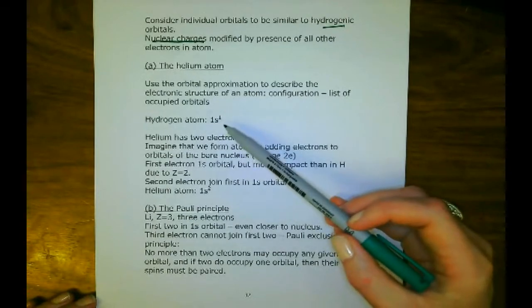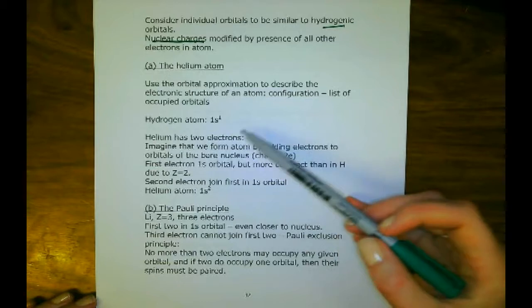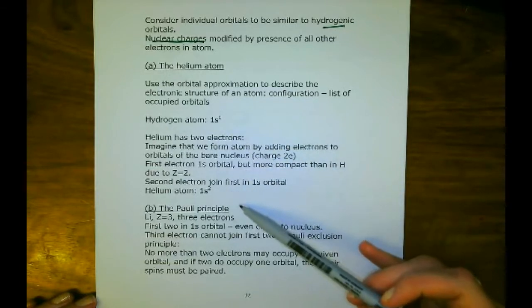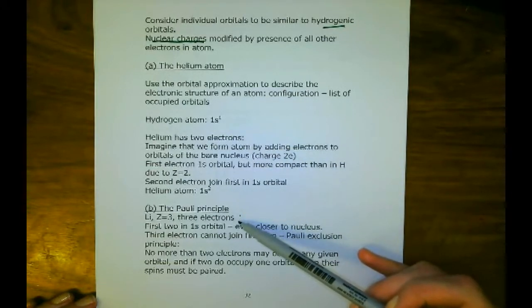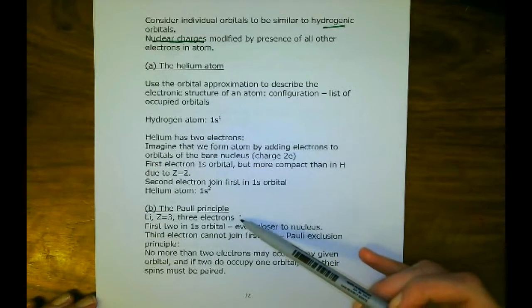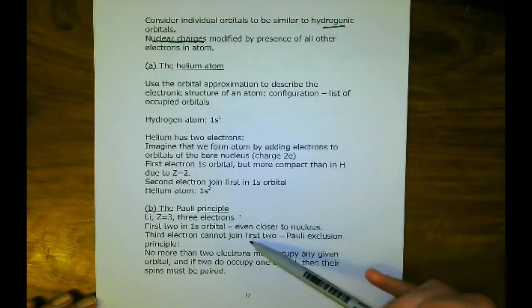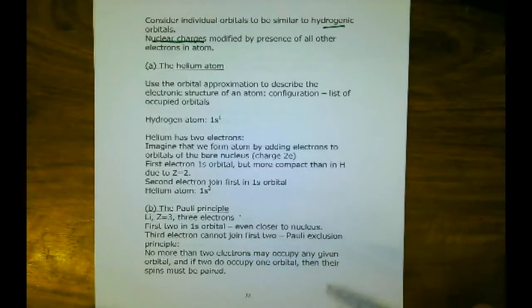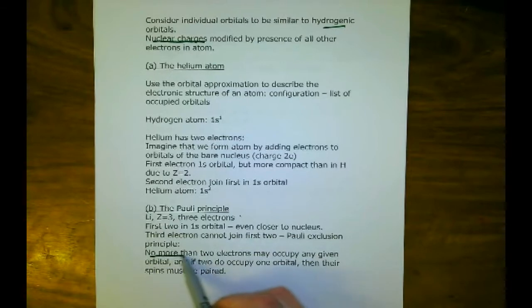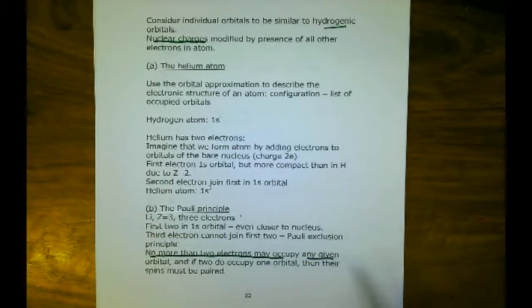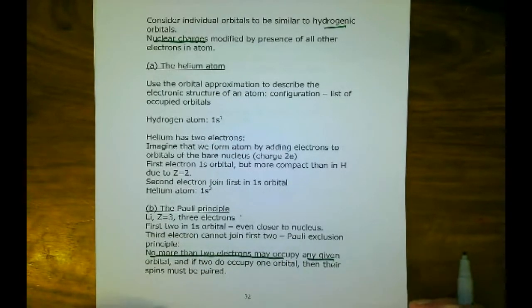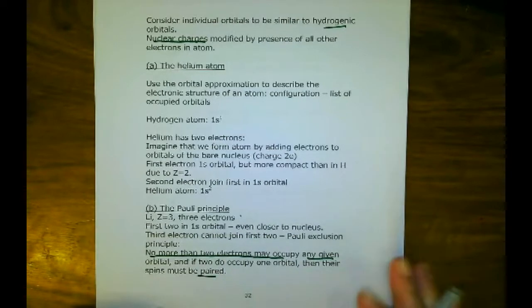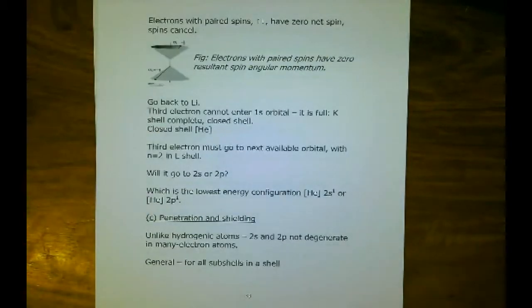We know for the hydrogen atom the electron configuration is 1s1, helium 1s2, then we get to lithium, we've got 3 electrons, but according to the Pauli principle, the third electron cannot join the first 2 in the s orbital, it has to go to the p orbital. So the Pauli principle tells us that no more than 2 electrons may occupy a given orbital, and their spins must be paired. This is something you know already.